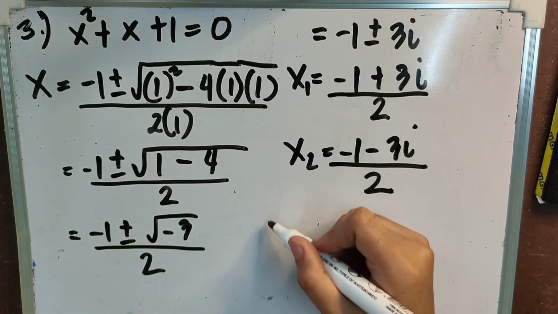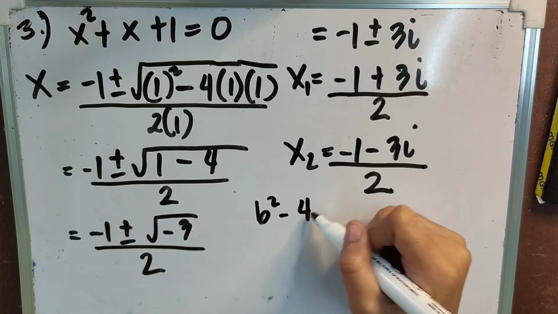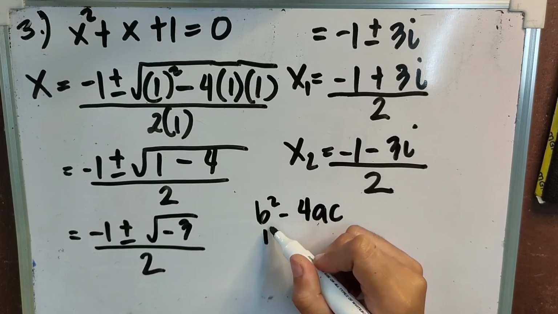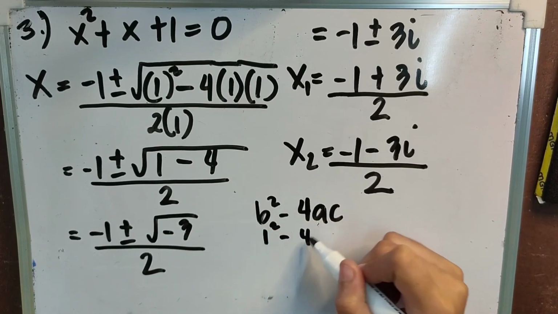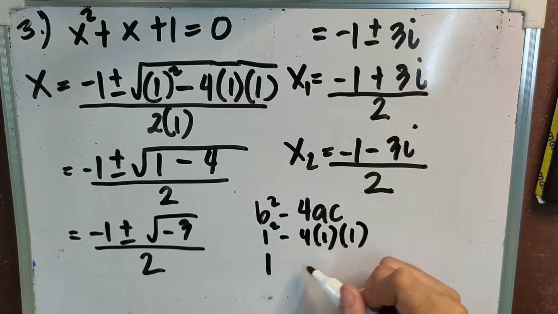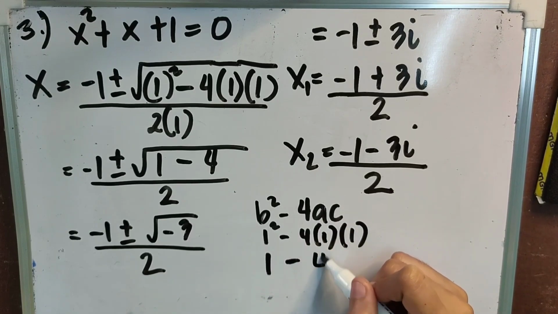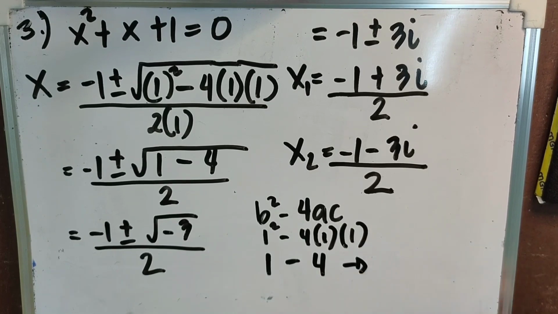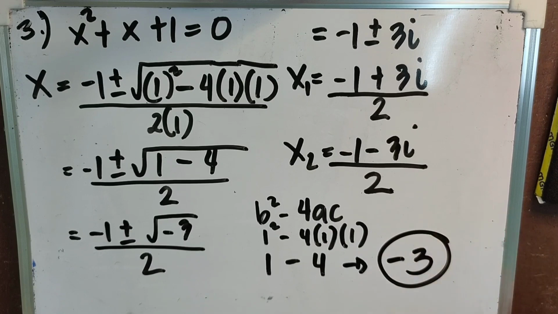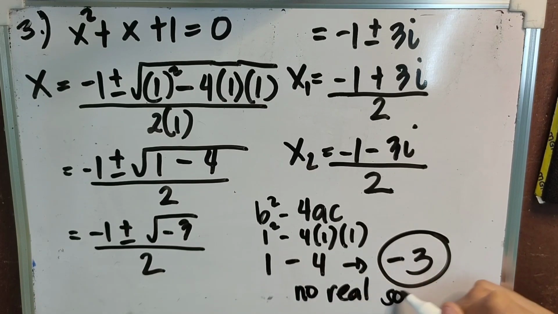So our b squared is 1 minus 4 times 1 times 1. So 1 minus 4, the answer is negative 3. Since your answer is negative, the nature of solution is what we call no real solution.